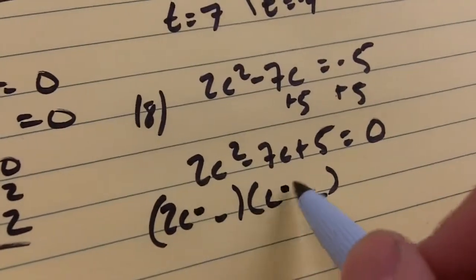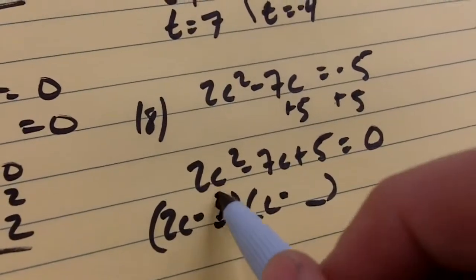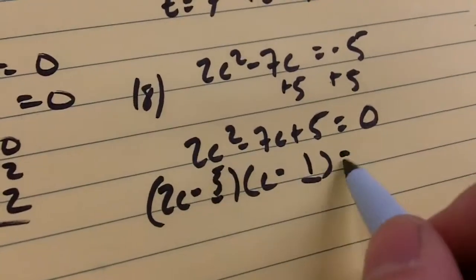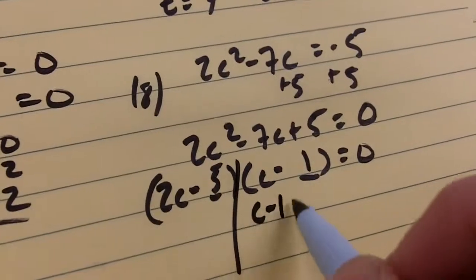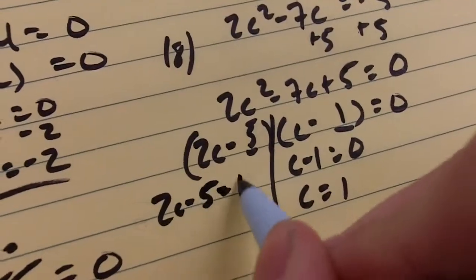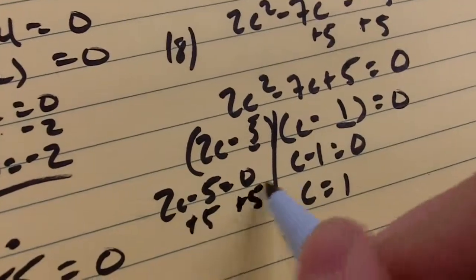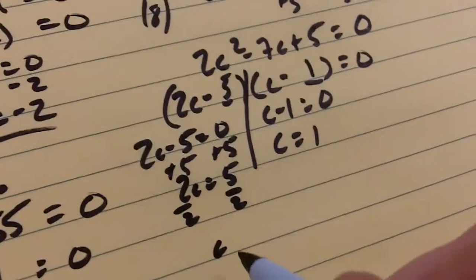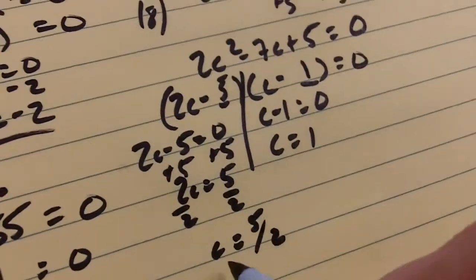So I know they're both going to be negative. I'm going to put a -5 there and a -1 here, and that'll make it work. Zero product property says c minus 1 equals 0, so c equals 1, or 2c minus 5 equals 0, add 5 to both sides, 2c equals 5, divide by 2 on both sides, c equals 5/2.